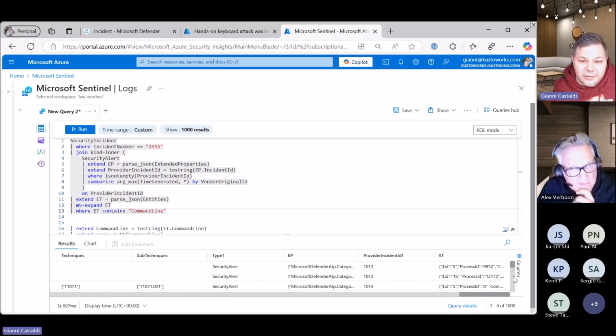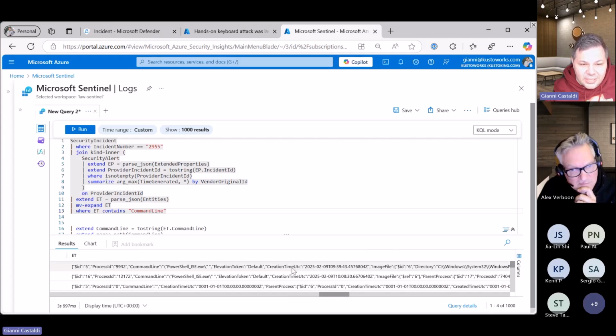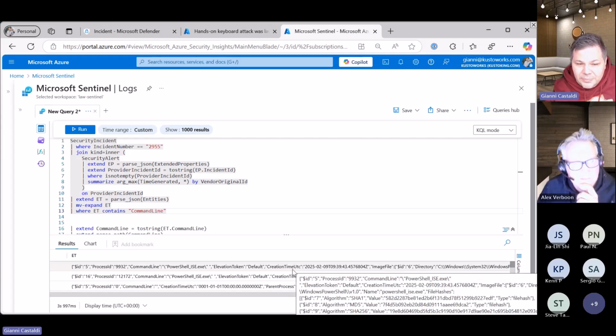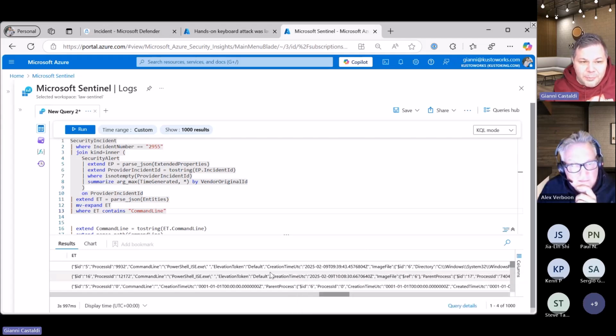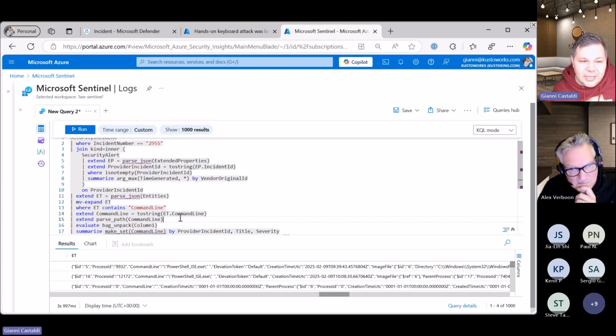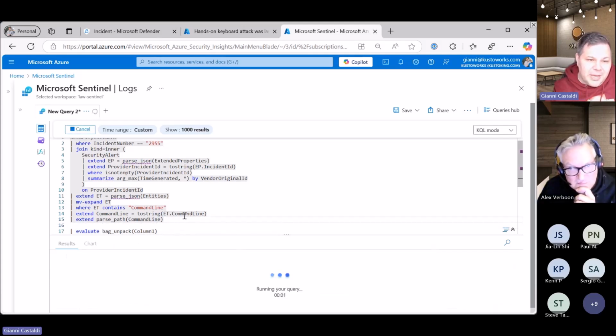Now we have every record here that contains a command line somewhere, but it's still a bit messy. So what I do is take the command line, put it into a string, and then use parse path to make it a bit nicer.